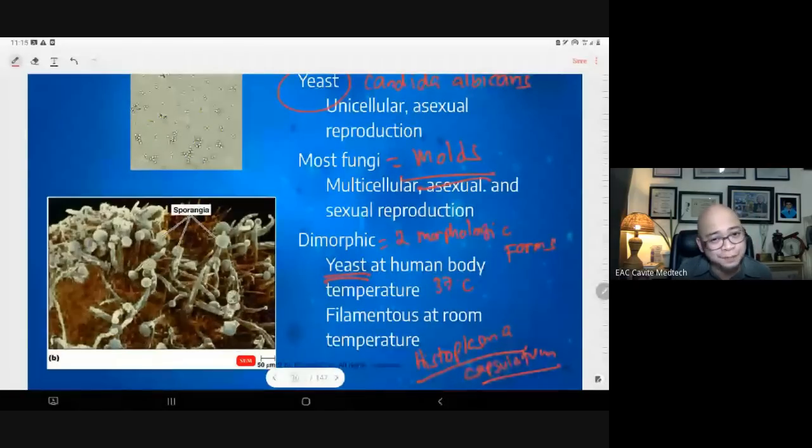But if you expose them at room temperature, approximately 25 degrees centigrade, then they become filamentous, which means they are now molds. So they exhibit two morphologic forms, and that is the reason why we call them dimorphic. The term di means two, morph means morphologic forms. So dimorphic fungi, such as Histoplasma capsulatum.